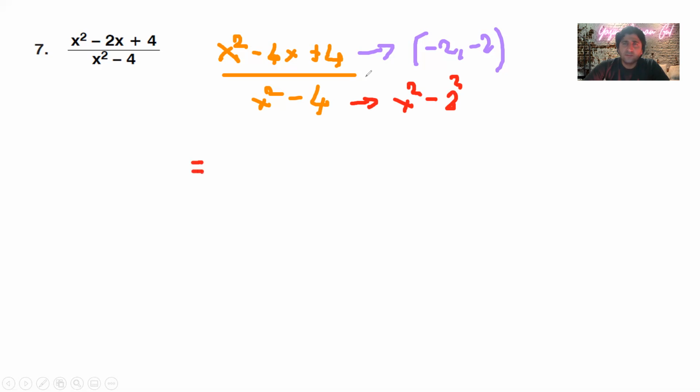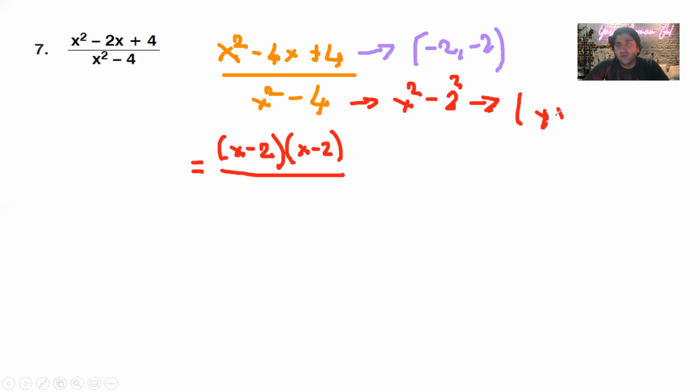Since my factors are negative 2 and negative 2, it's going to be x minus 2 times x minus 2. Then I'm going to come here and say what this is. Difference of squares, what we do, we say x plus 2 times x minus 2.